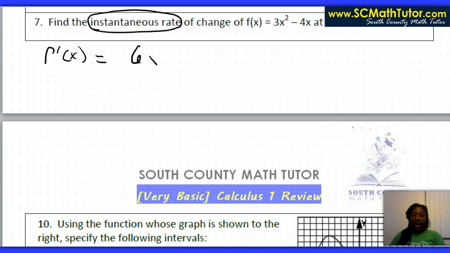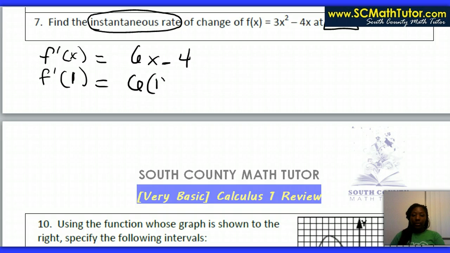So that's 6x minus 4. And then at x equals 1, once you find the derivative, you plug in 1 for the x value of your derivative. So 6 times 1 minus 4, which is 6 minus 4, which equals 2.